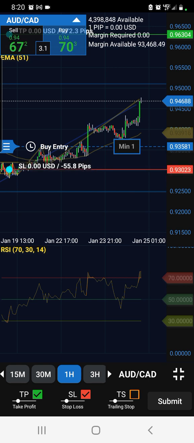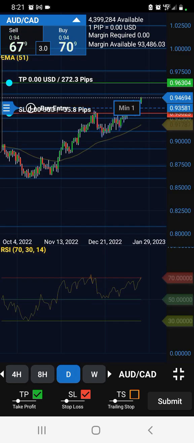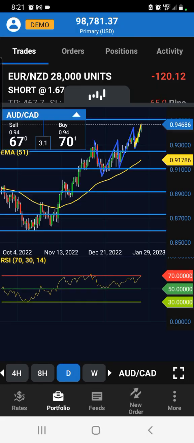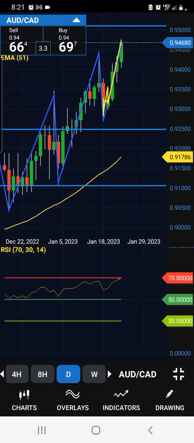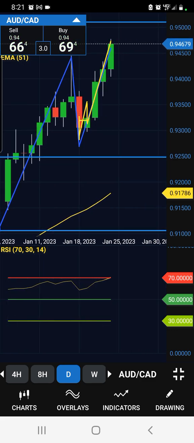So if I was doing a 2-to-1, it would have been like 320 pips on the hourly. It just doesn't show up like that on the daily time frame. So I'm gonna go back to the daily time frame and zoom in. Let me see if I can find out what that 320 would have been.